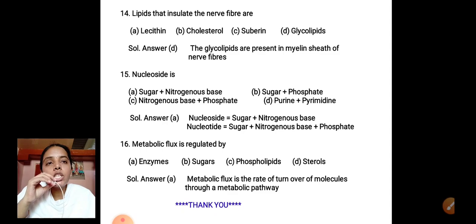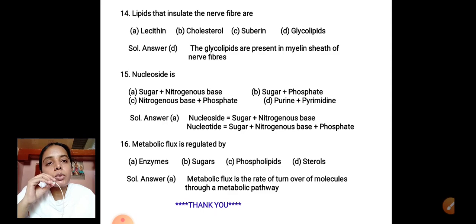Lipids that insulate the nerve fiber. Options: lecithin, cholesterol, suberin, glycolipids. Here glycolipids are present in the myelin sheath of nerve cells. So for this, the correct option is D, glycolipids. Another one, nucleosides. A nucleoside is formed by the addition of a nitrogen base plus pentose sugar.